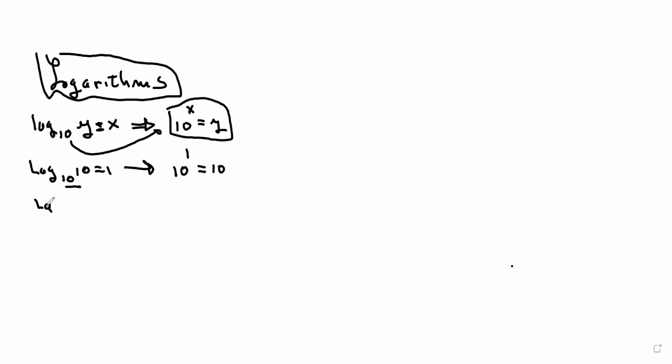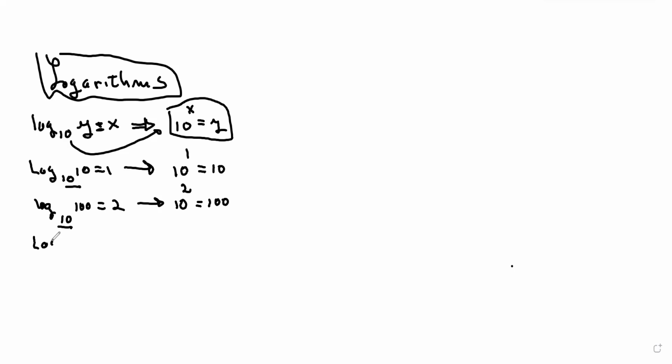If you take logarithm base 10 of 100, that's going to be 2. And that's because if you take the 10, the base right here, and you elevate it to the second power, you get 100.